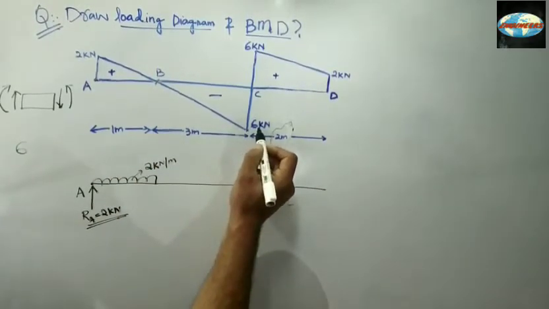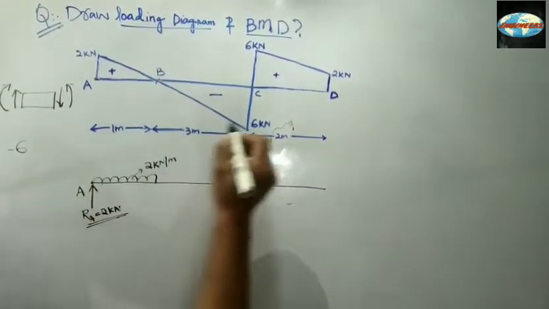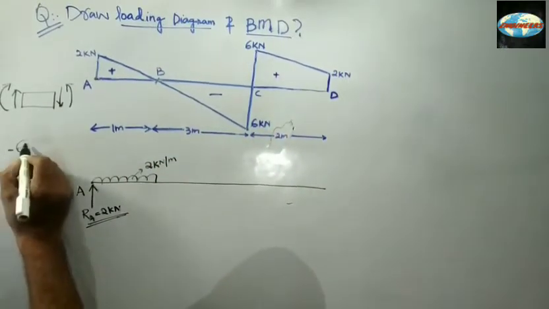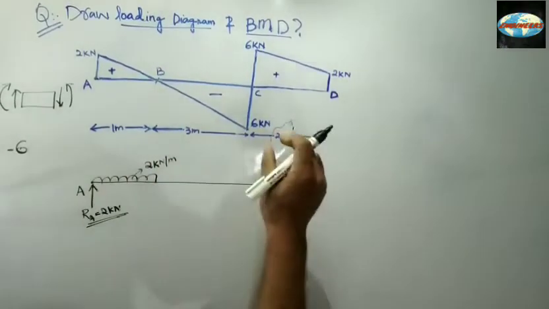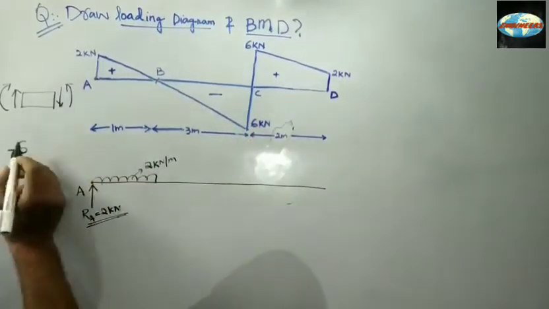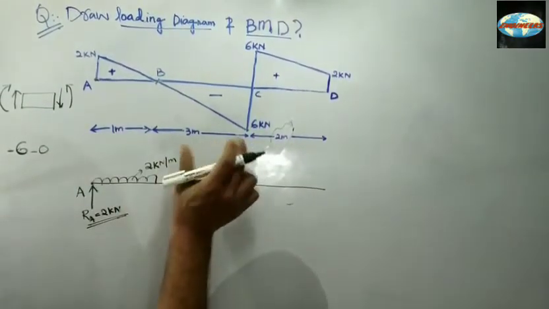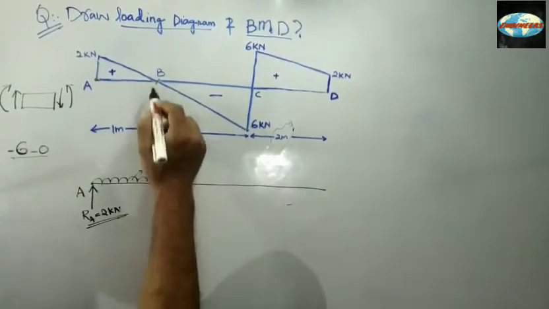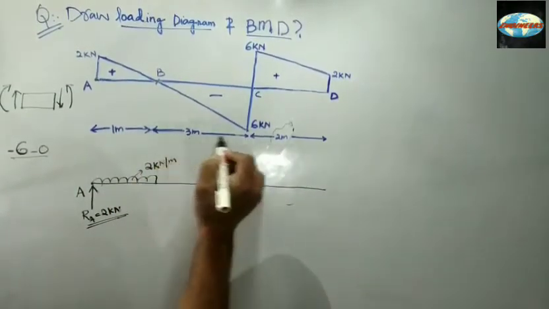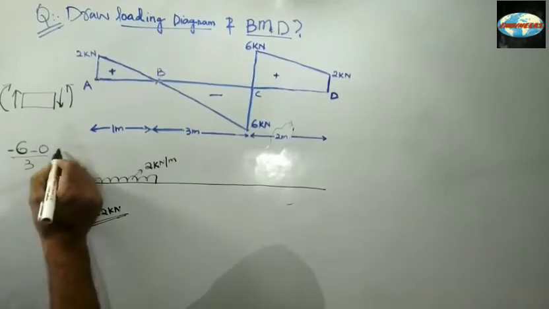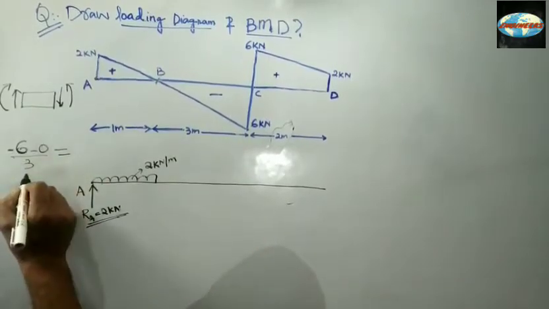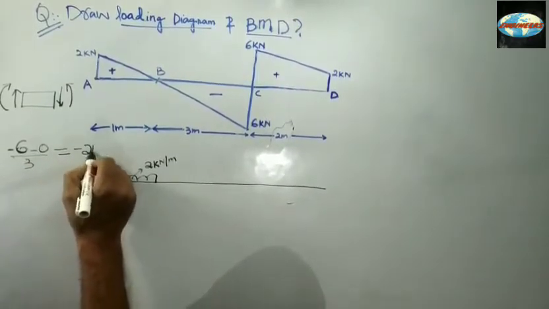It's minus 6, because it's on the downward side. So you have to keep in mind to use the proper signs. So minus 6 minus the initial value, which is 0, divided by the length. From B to this point we have a length of 3 meters. So minus 6 divided by 3, you get minus 2 kilonewton per meter.